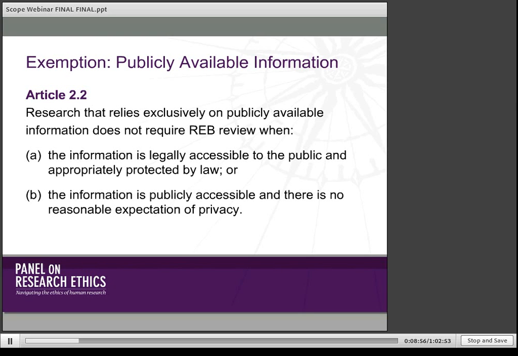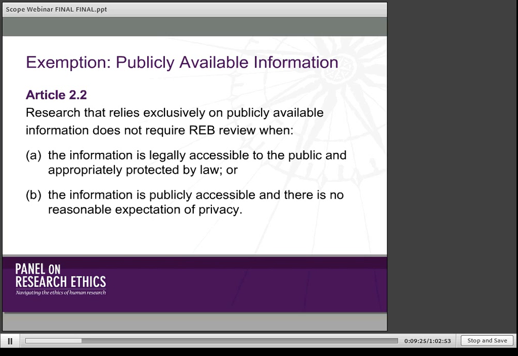It includes records or publications that are accessible for a certain purpose as specified by law. So examples would include things like registries of deaths, court judgments, public archives, or data from Statistics Canada. The exemption from REB review for this type of research is based on the fact that the information is legally available and it is protected by a data guardian.